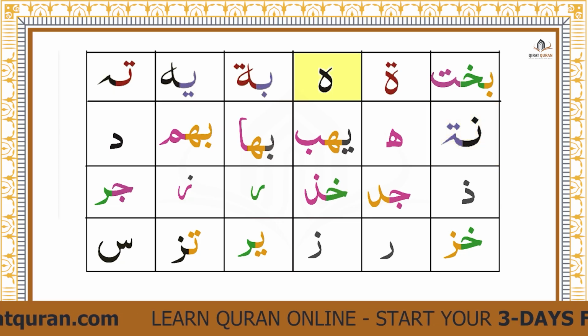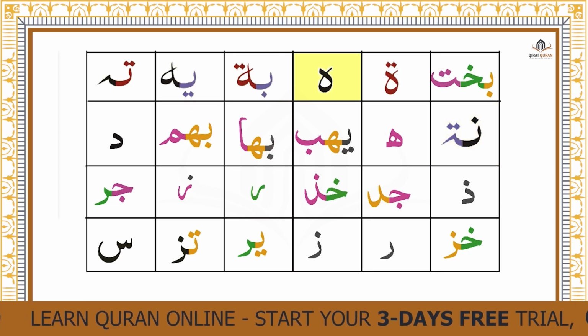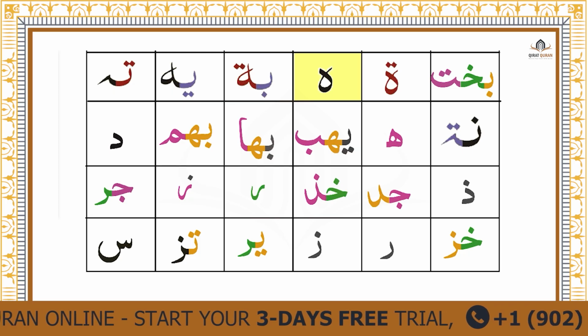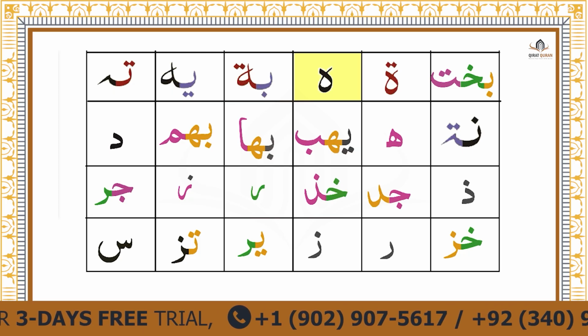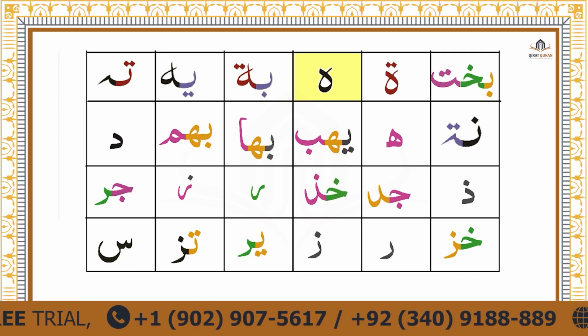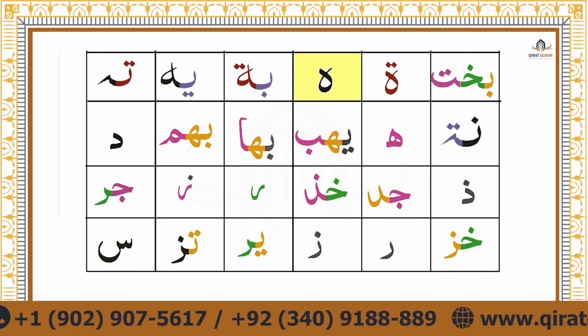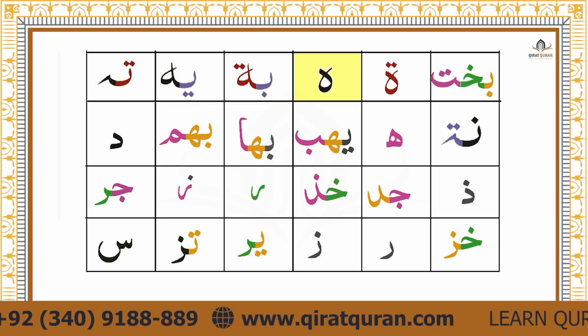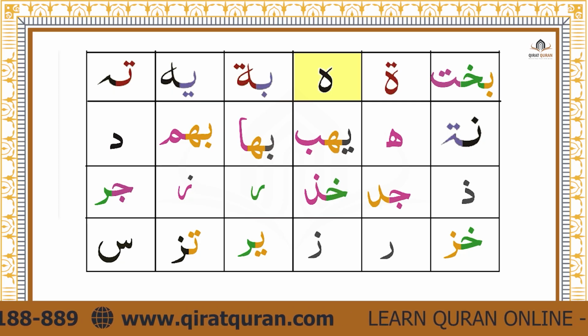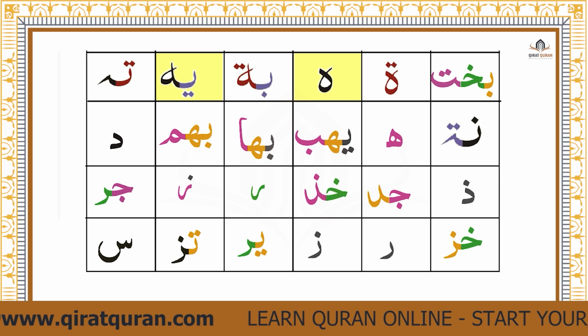Now the next letter is Ha. This is the actual shape of Ha. When Ha comes alone, it looks like this. But this is not the only writing style of Ha. Ha also has some other styles of writing. Like this one is Ha. And now this one, the second letter here.